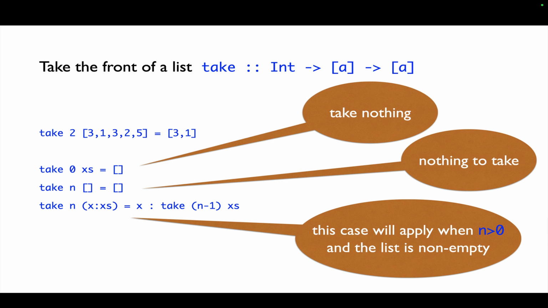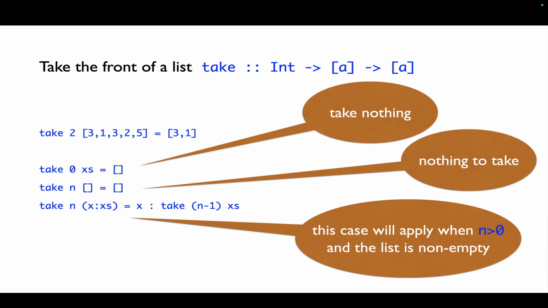And only in the final case do we take the element x off the front of the list and cons that on taking n-1 elements from the remainder of the list. So we're doing recursion simultaneously on the number and the list here.